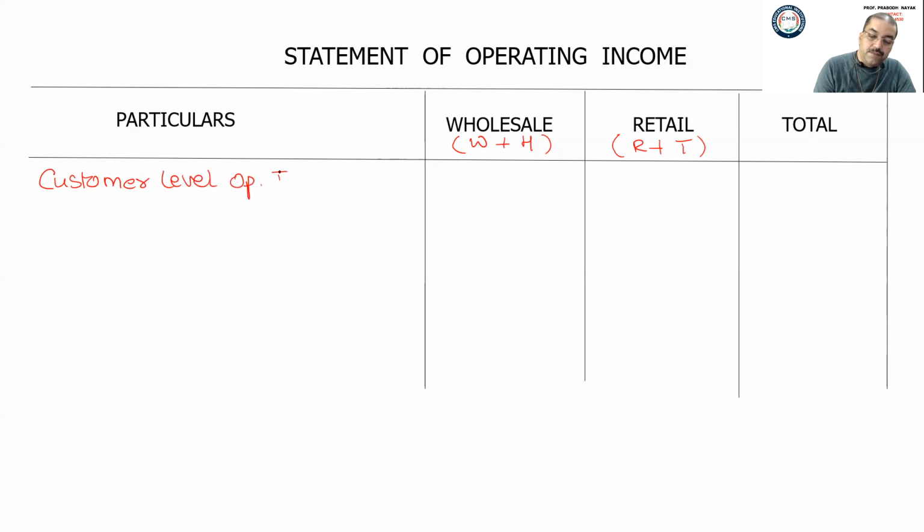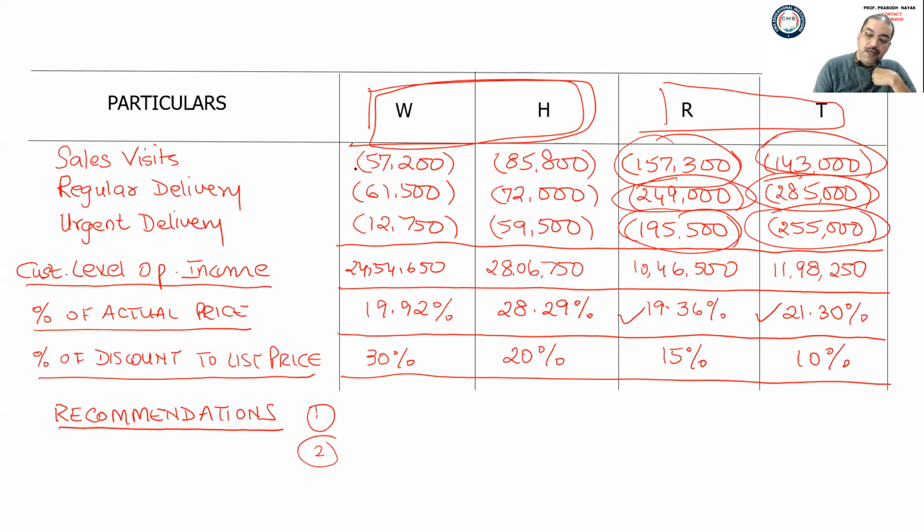First, you write customer level operating income. Now go to your previous statement. Take the total of these two figures, 24,54,650 and 28,06,750.